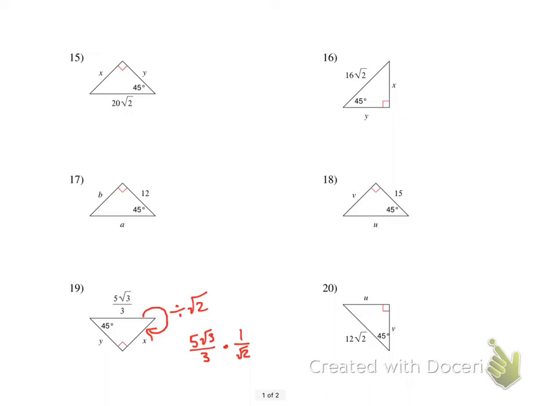So you've got 5 square root of 3 over 3 square root of 2. And what do we do here?